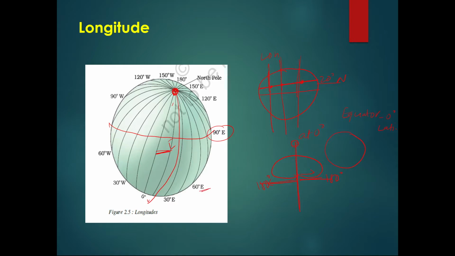We indicate east and west here. So this is 0 degrees, the prime meridian, and these are eastward and these are westward directions.